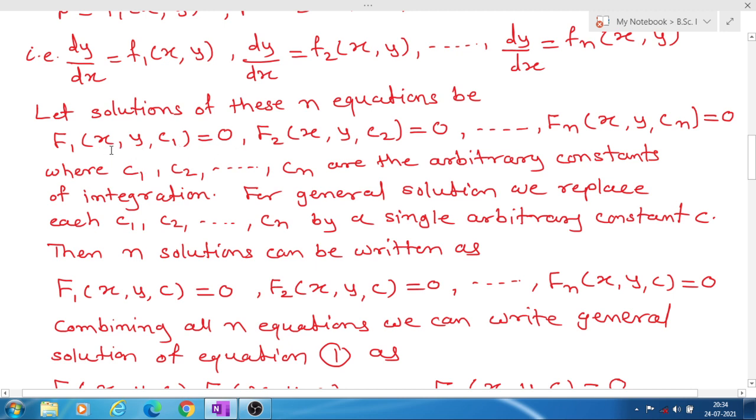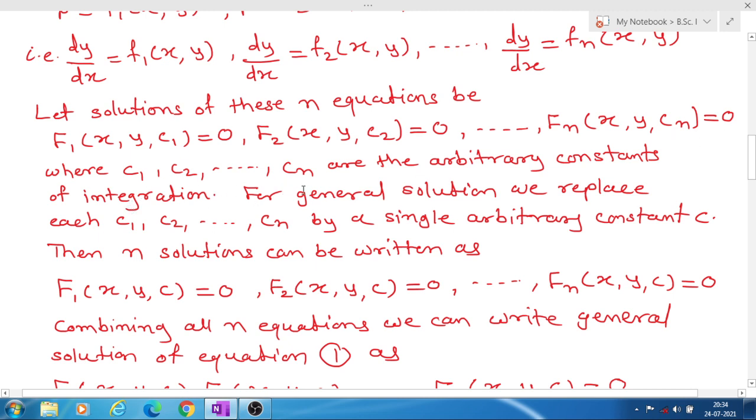That means a function of x, y and constant c1 is equal to 0. Similarly, for the second equation we get a solution, and we write for that F2(x,y,c2) is equal to 0. Similarly, for the nth factor we can write Fn(x,y,cn) is equal to 0.